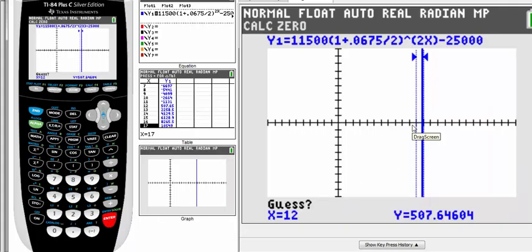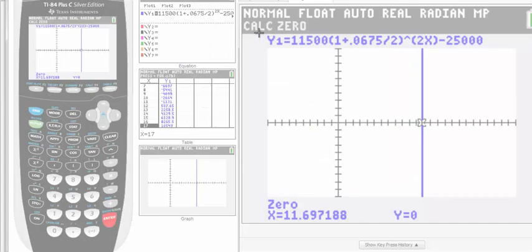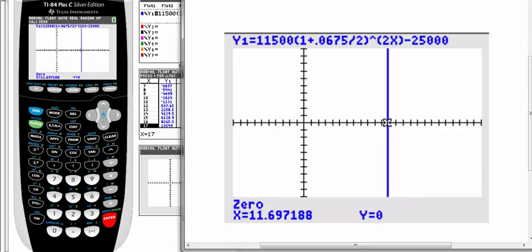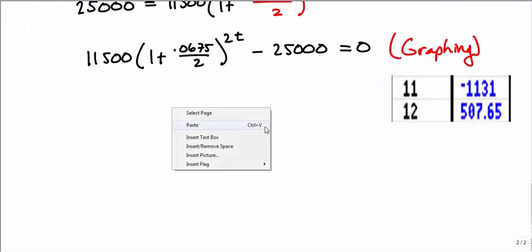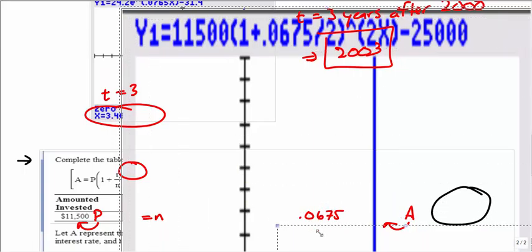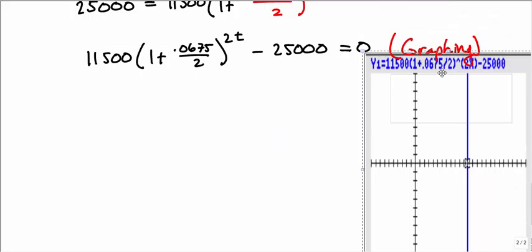So you can see I'm on either side, and then go ahead and hit enter for our guess. And it says this is my 0, 11.69. So that's my answer, 11.697188 years. So graphing makes these really easy, and of course we're going to solve them by hand as well. But now I know what I'm shooting for as my solution.